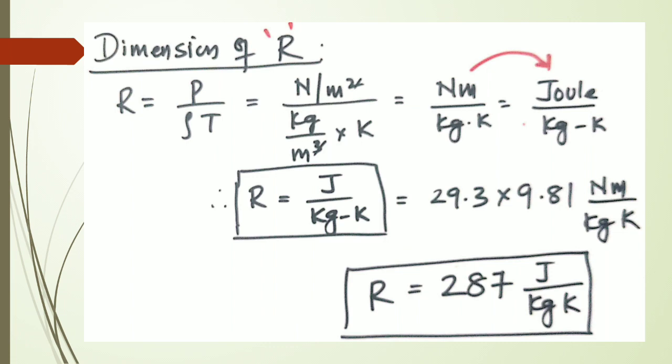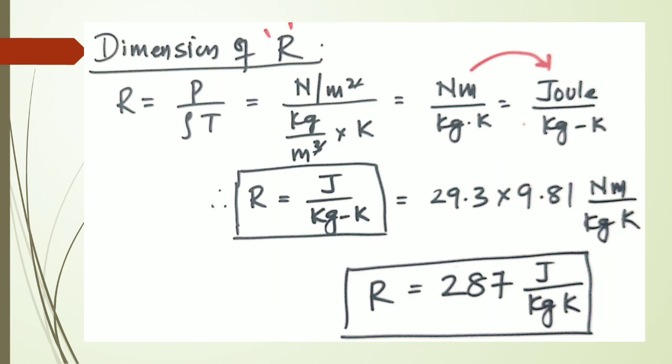Therefore R can be written as joule per kg Kelvin, or 29.3 for air. The molecular weight of air is about 29, into 9.81, since we have to add the acceleration. So we are getting the R value as 287 joule per kg Kelvin.